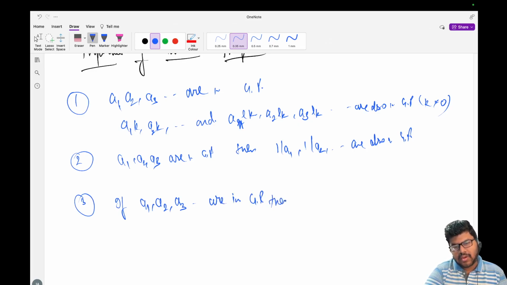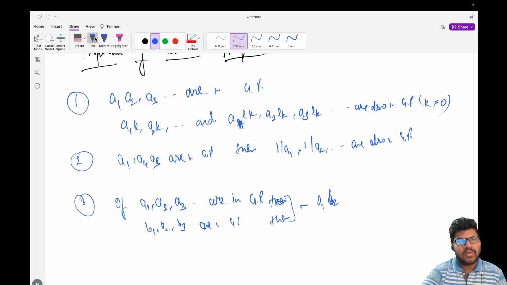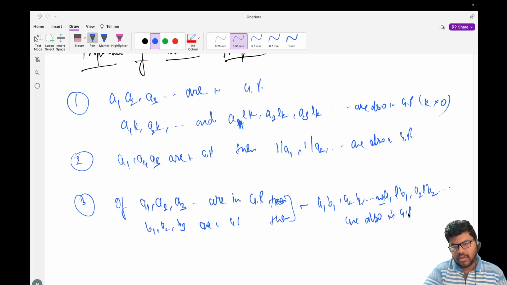So if a1, a2, a3 are in GP, and also b1, b2, b3 are in GP, then a1 times b1, a2 times b2, a3 times b3, and so on are also in GP, right?